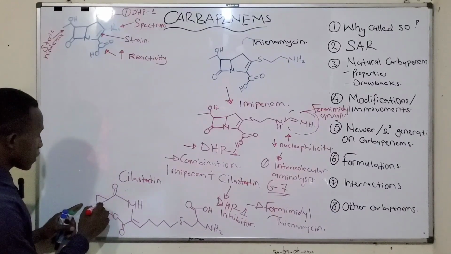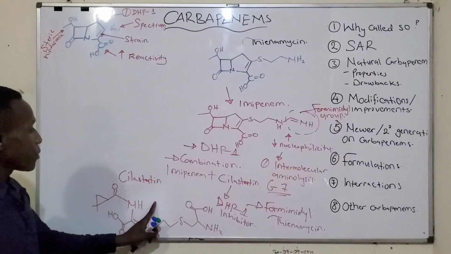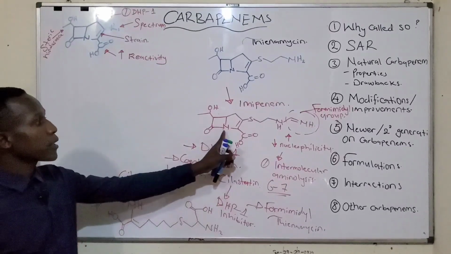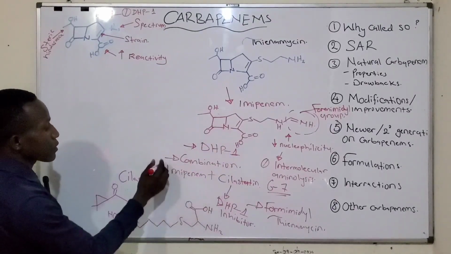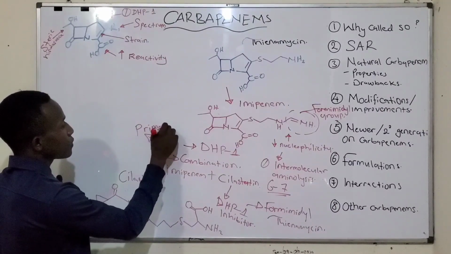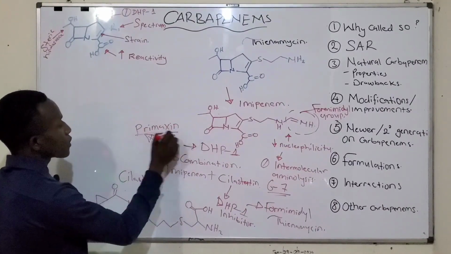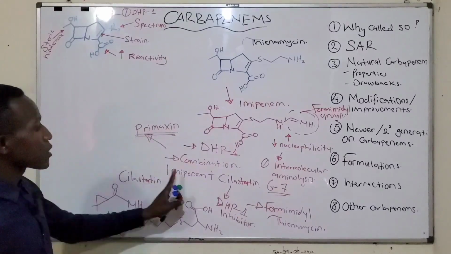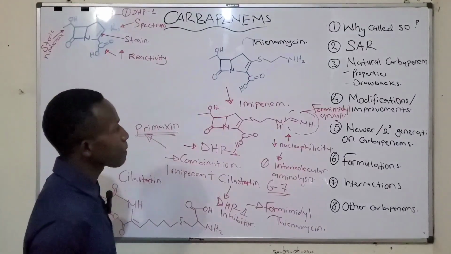This is cilastatin. The combination of this drug with imipenem is called Primaxin. This is the combination of cilastatin plus imipenem.